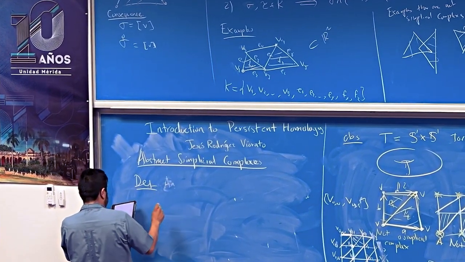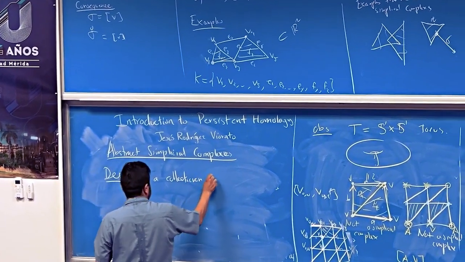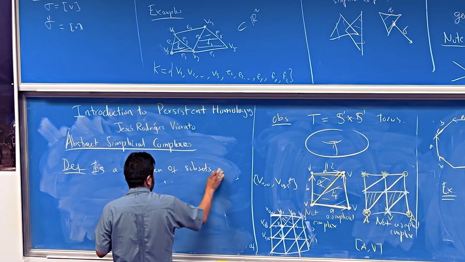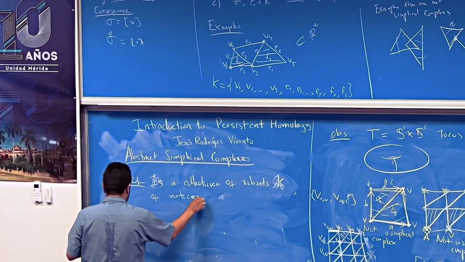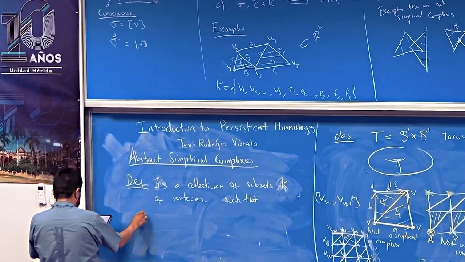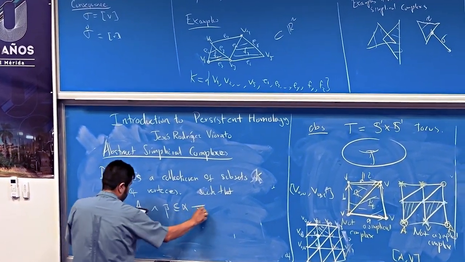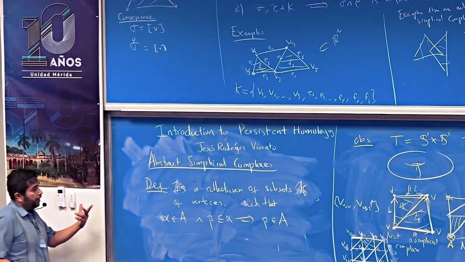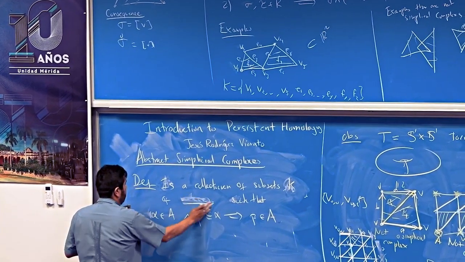An abstract simplicial complex is a collection of subsets of vertices, such that if alpha is in A and beta is a subset of alpha, then beta is in A. Vertices is just a word for subsets of another set.